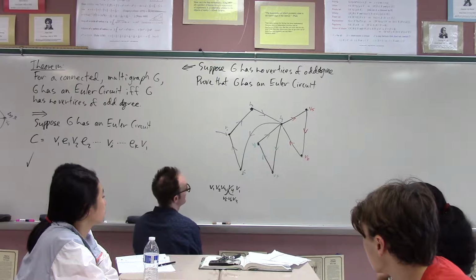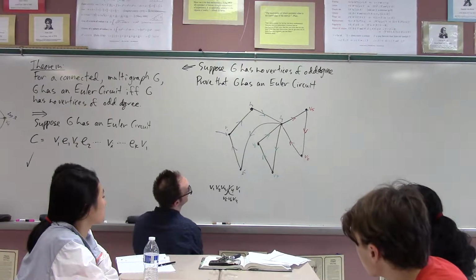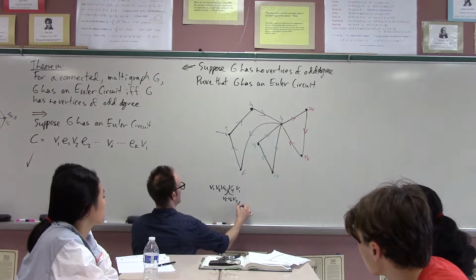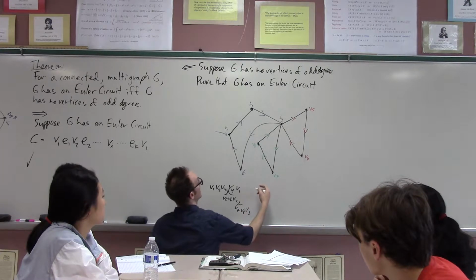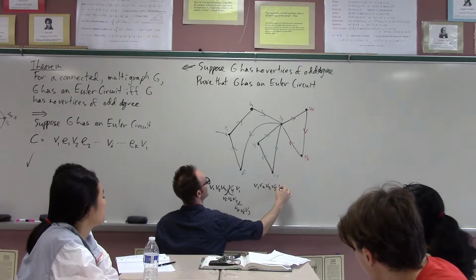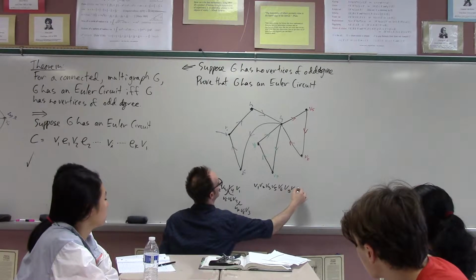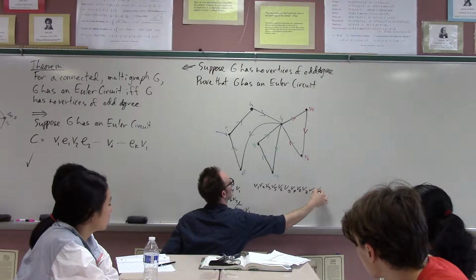And that also didn't work, so now between V3 and V4, I stick in another V7, V8, V3. And so the full path becomes V1, V2, V3, V5, V6, V3, V7, V8, V3, V4, V1.